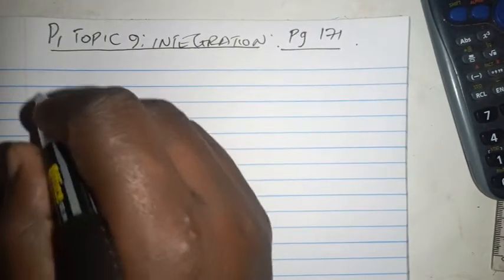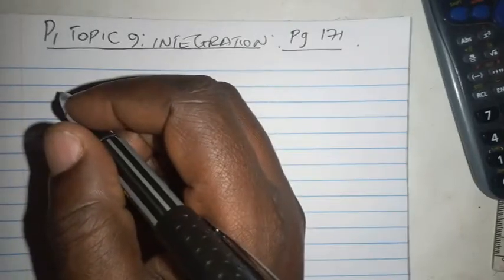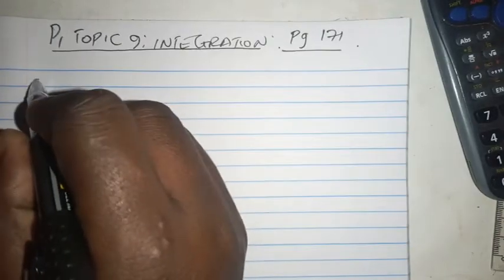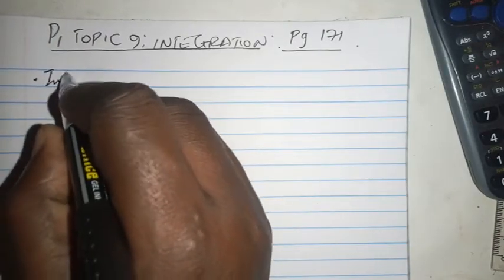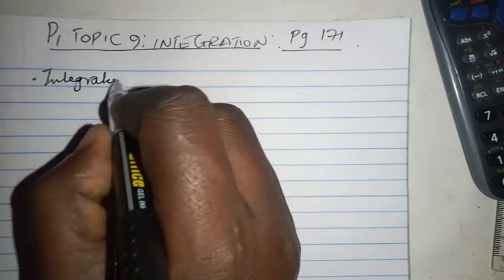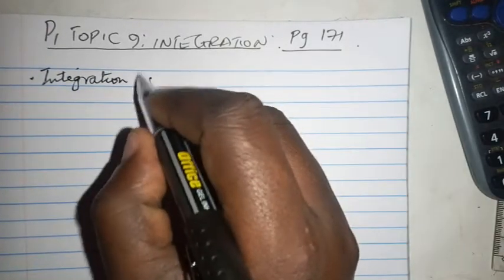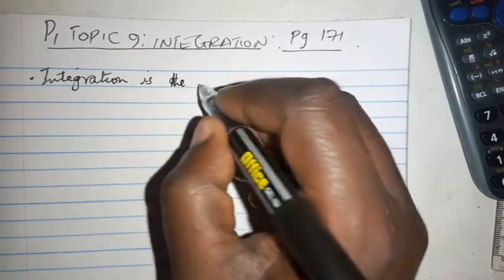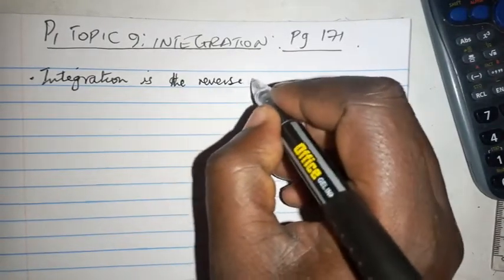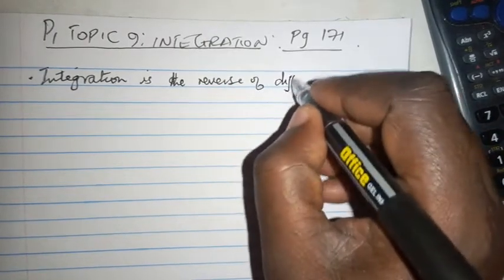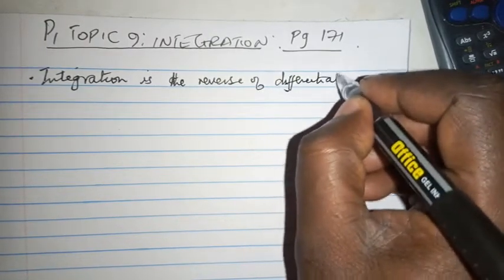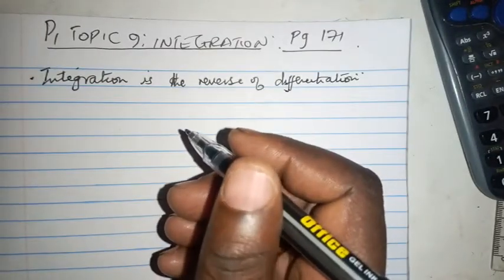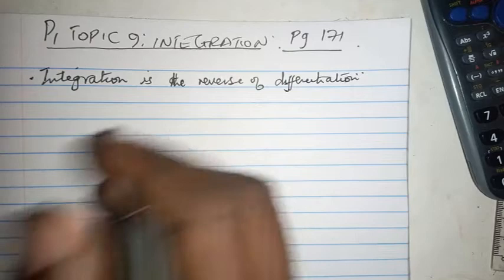If we talk about integrating x raised to power n, we must understand that integration is the complete reverse of differentiation. So let us talk about what we get when we differentiate.